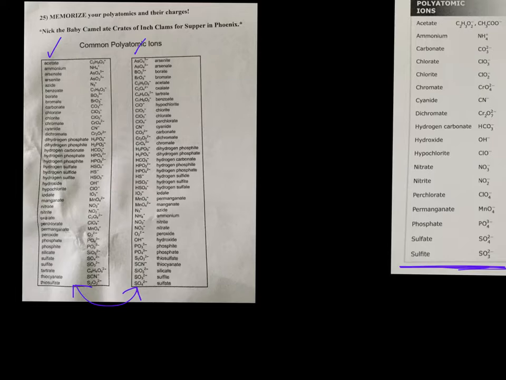So what I usually teach is how to make it a little bit easier, okay? And I'm going to focus in on the little sentence that you have right there. And that says, Nick the baby camel ate crates of inch clams for supper in Phoenix. So what this little saying does for you is it tells you all of your ates. All right? So we're going to start by that.